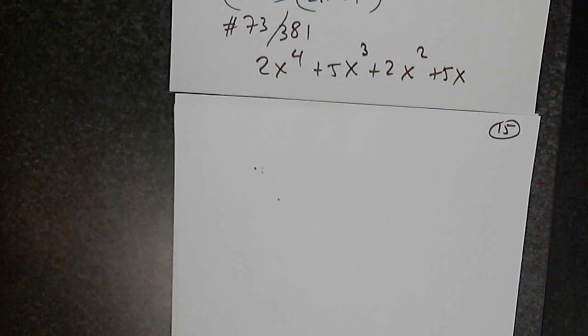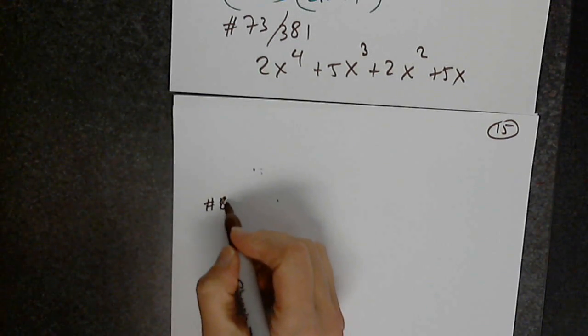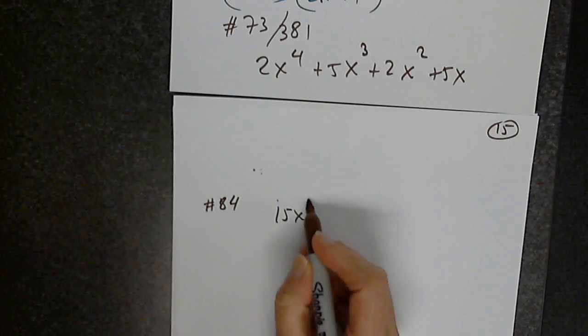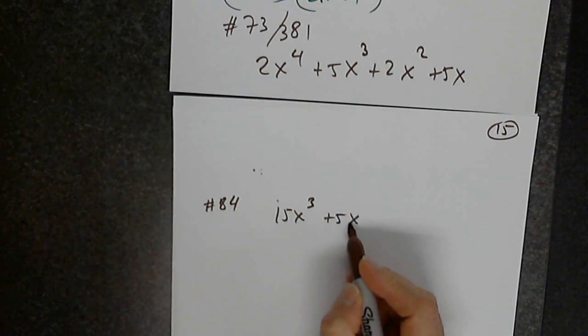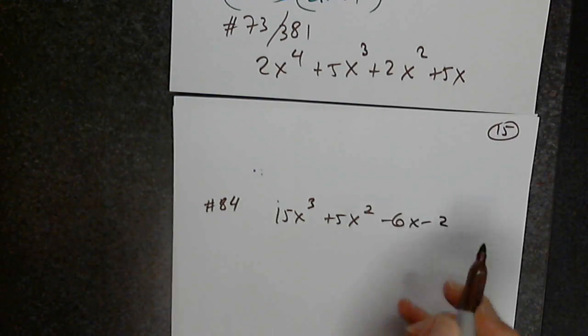And then just one more and I'll stop, I promise. So, and 84, which is 15x cubed plus 5x squared minus 6x and minus 2.